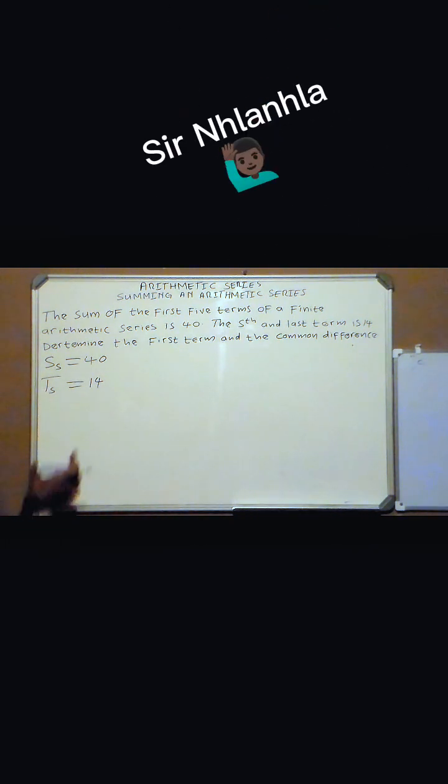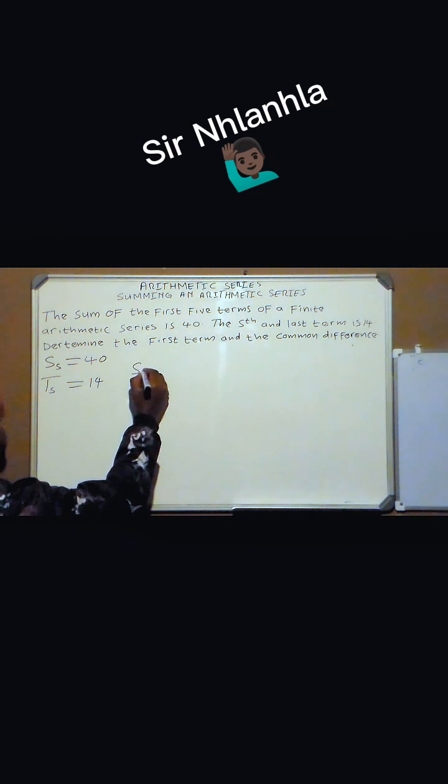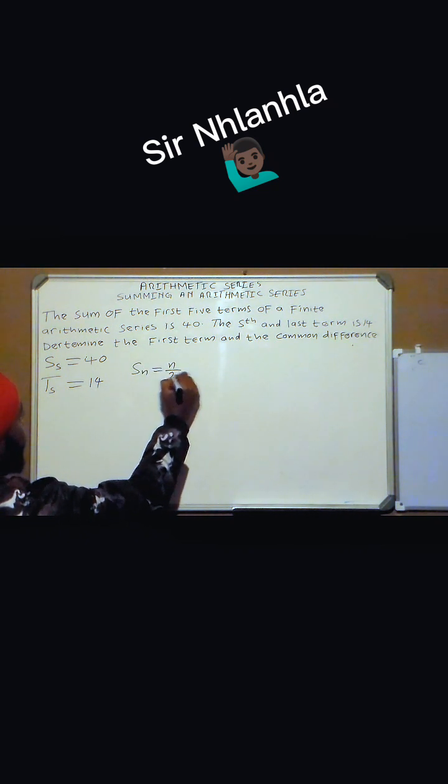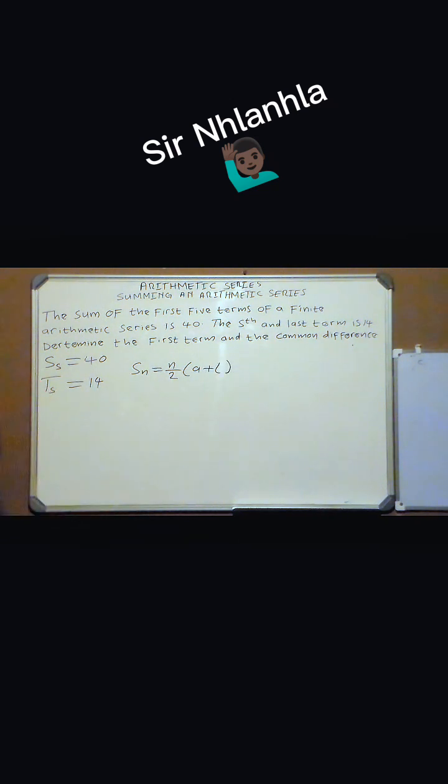And then from here we should determine the first term and the common difference. So since we are given the last term, we can use Sn equals n over 2 multiplied by a plus the last term. So since we have S sub 5 and T sub 5, we know that our n should be equal to 5.